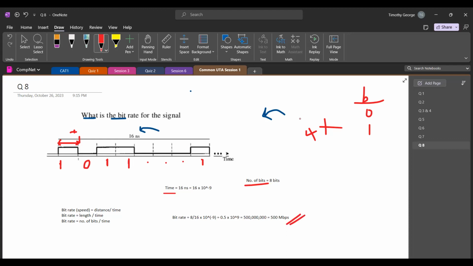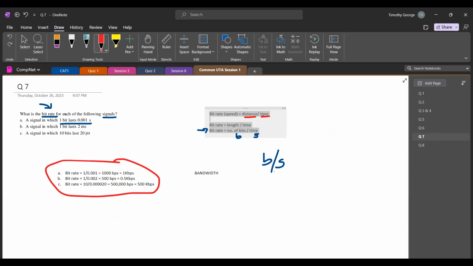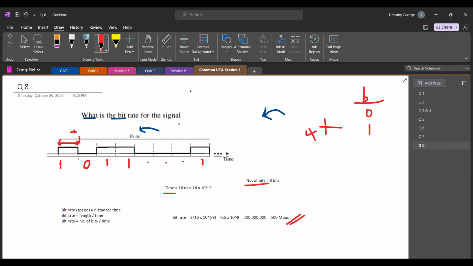So whenever you're given bit rate questions, maybe you'll be given values like this, where they give how many bits in what time, or maybe you'll get diagrams like this. Whatever you're given, you need to be able to find out the number of bits in the time. Here it's actually quite intuitive. You have 8 bits that take 16 nanoseconds.